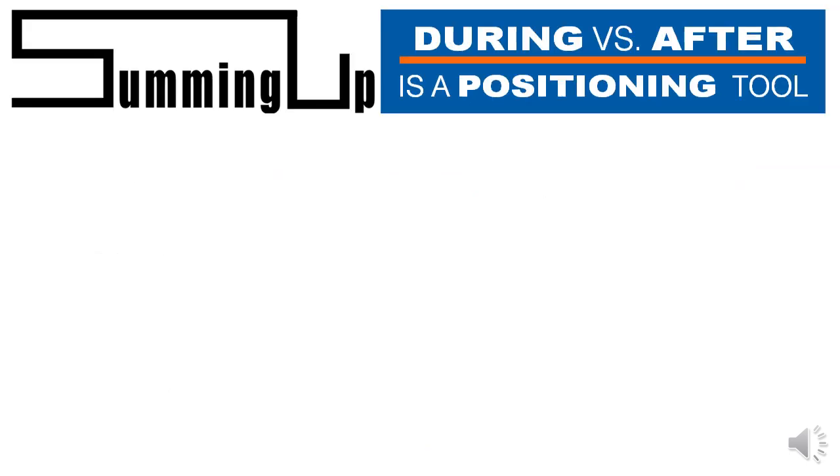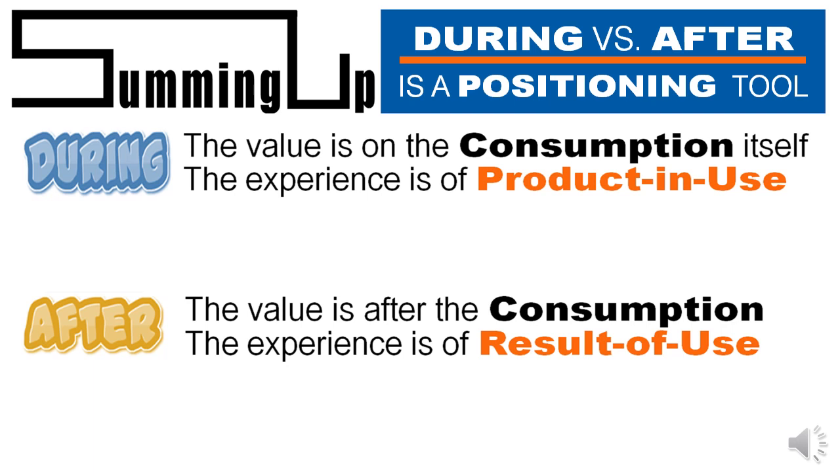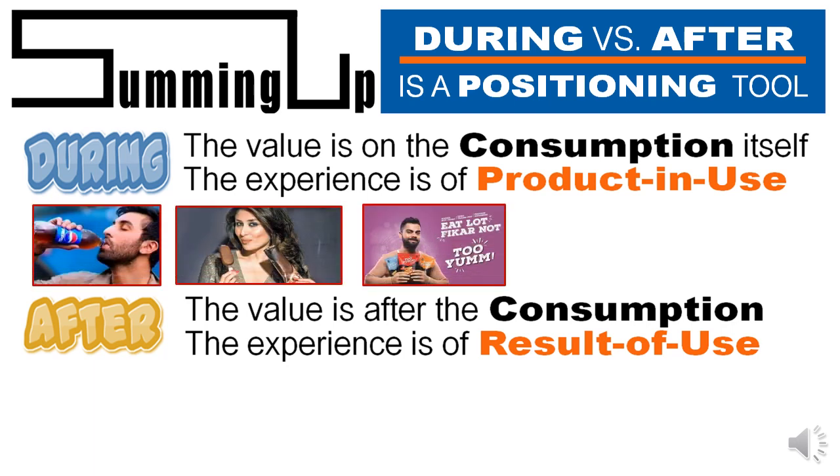Summing up, friends, you would appreciate the fact that during versus after is a powerful positioning tool. During is a value that is derived during consumption, and the experience is a product in use. After is a value that is derived after the consumption, and the experience is a result of use. Look at these images.